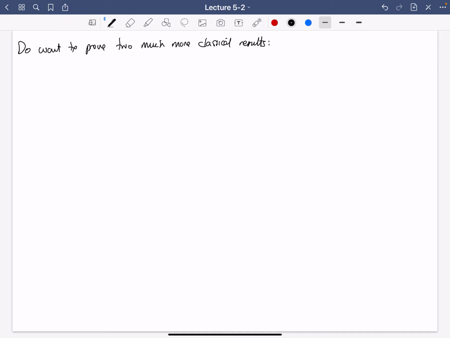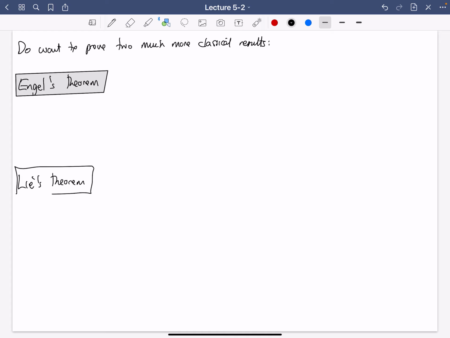So let me state these theorems today, and I'll prove them next time. Engel's theorem, which has to do with nilpotent Lie algebras, and Lie's theorem, which has to do with solvable Lie algebras. So here are the statements.